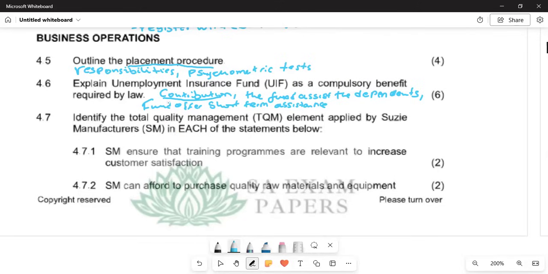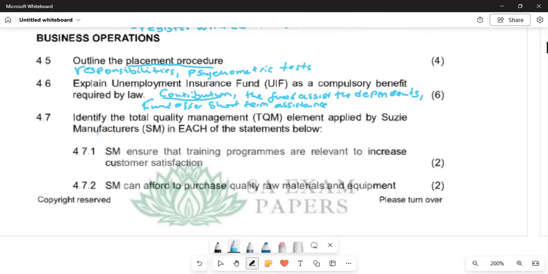So that is an unemployment insurance fund contributed by both employer and worker. They contribute 2% because each contributes 1%. So if ever the worker dies, the dependents are going to be funded by that contribution they made. Also the fund gives short-term assistance if the worker finds him or herself unemployed.